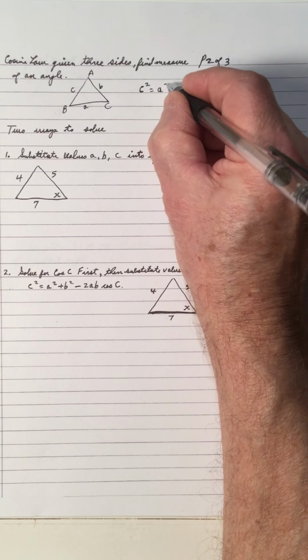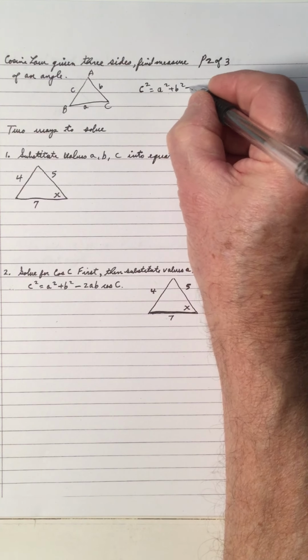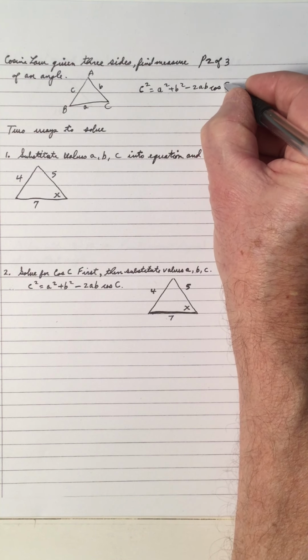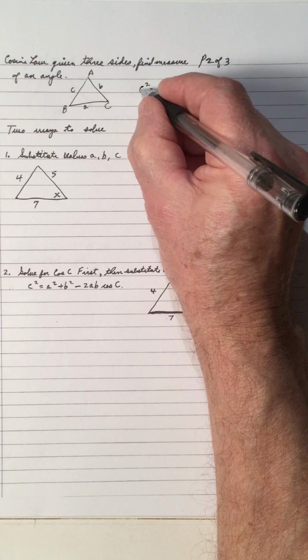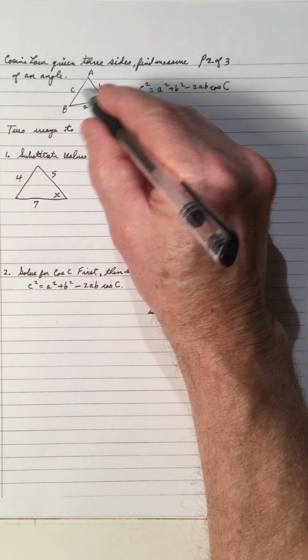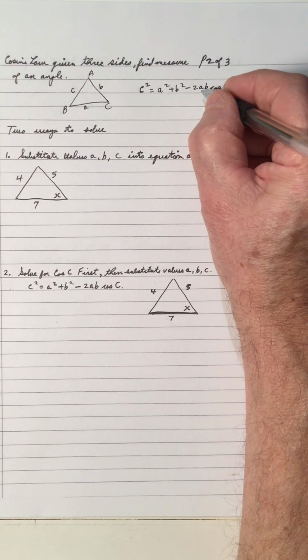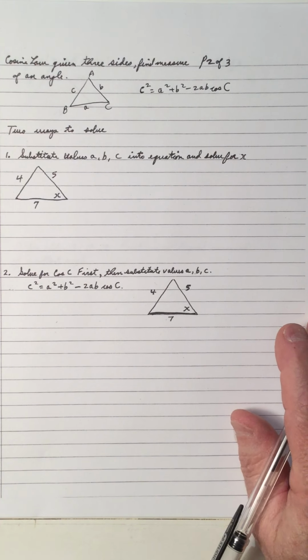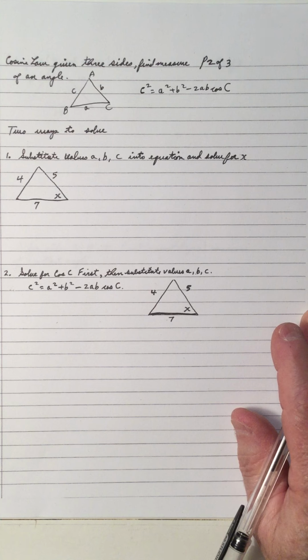c squared is a squared plus b squared minus 2ab cosine angle C. So c, a, and b are the sides of the triangle. Now there's two ways to work this out, and it's really your choice which way you want.